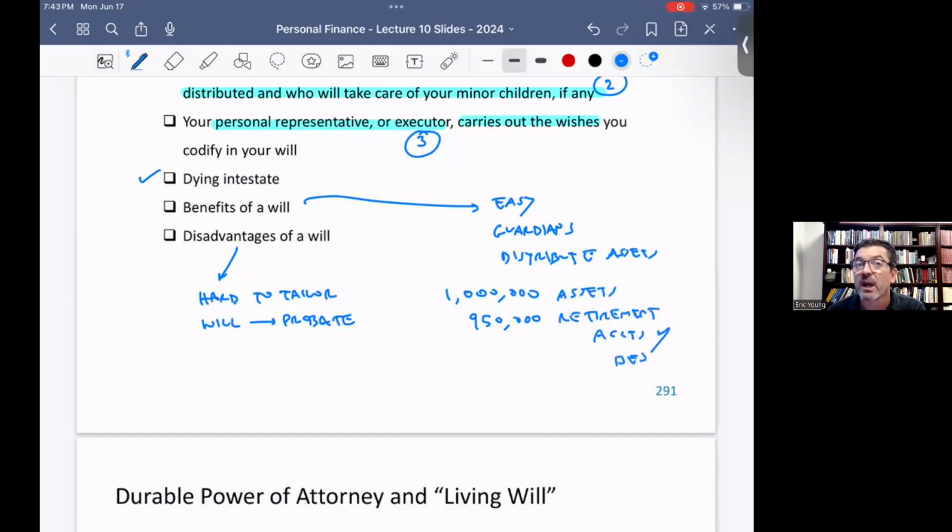That property is going to transfer by beneficiary. So even though you have $1 million of total assets, if 950,000 of that is transferring via beneficiary or is maybe held in a trust, then technically your will is only transferring $50,000 worth of assets. Now that's supposed to go through probate, but it's much better to put 50,000 through probate than $1 million through probate, and much cheaper too.